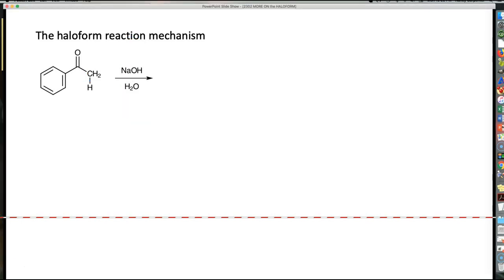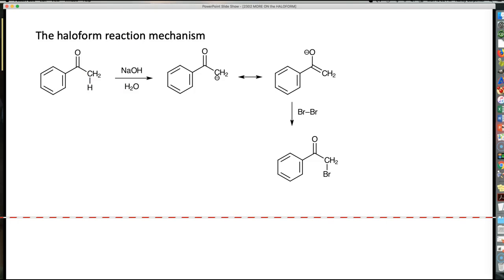So what electrophiles do we have present? Well, in the haloform reaction, the electrophiles that we have present are the halogens. Now, iodine is the halogen you'd use for the iodoform reaction. If you use bromine, it's going to be a bromoform reaction. But in any case, it doesn't matter what the halide is, the mechanism is the same.